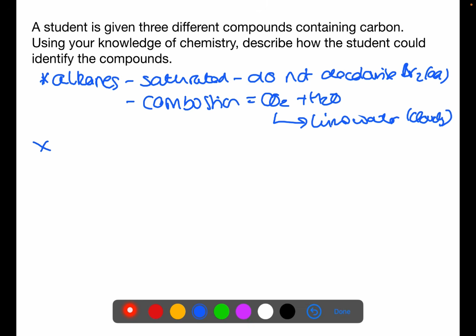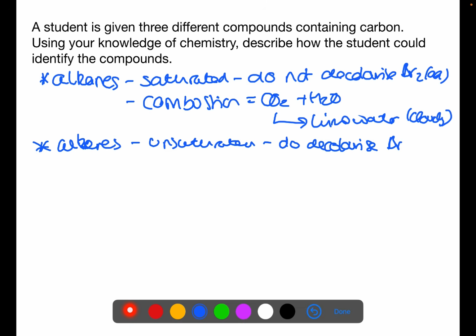The next family that you would have looked at would be the alkenes. So these are unsaturated, okay, and they do decolorize bromine water. So that would be an immediate test you could do on a compound and you would be able to say that's unsaturated.